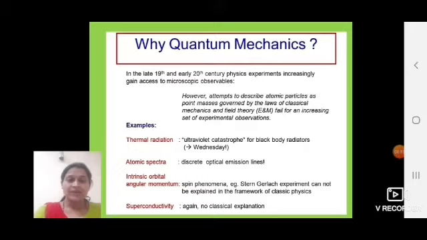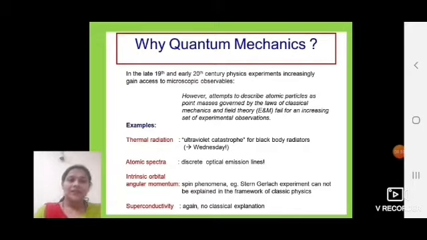In the last lecture, we discussed how classical mechanics fails and how quantum mechanics comes in, meaning why there is a need to study quantum mechanics. In the late 19th and early 20th century, physics experiments increasingly gained access to microscopic observables, meaning attempts to describe atomic particles as point masses governed by the laws of classical mechanics.